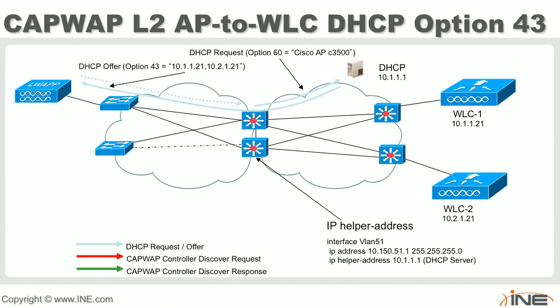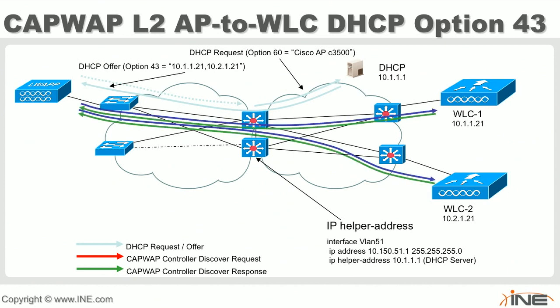Those are industry standard TFTP. They're not vendor specific like these are. It's basically the same idea: we're telling the endpoint where to go to register and get its configuration. So the lightweight access point will contact both WILCs, and they will respond and will have registration.